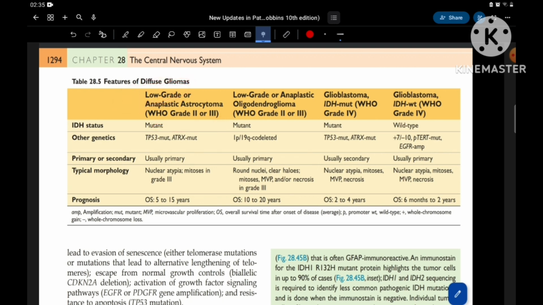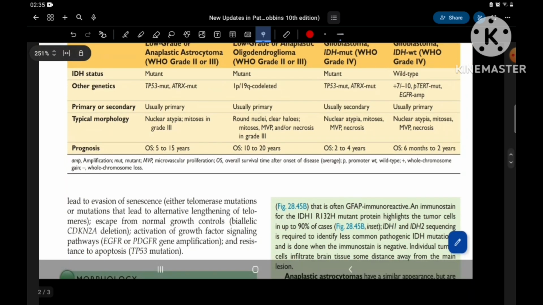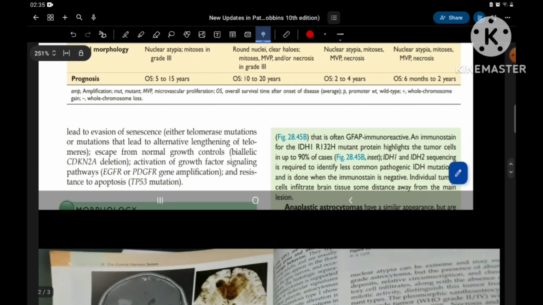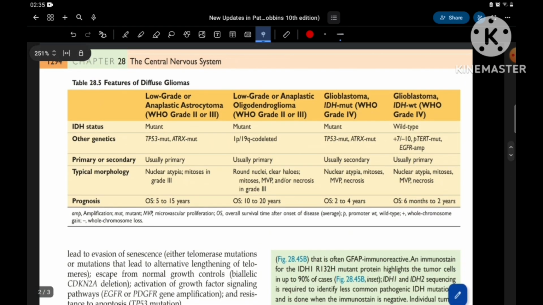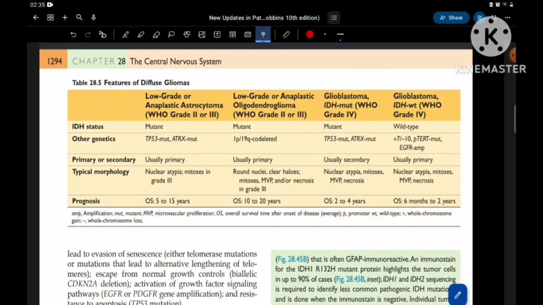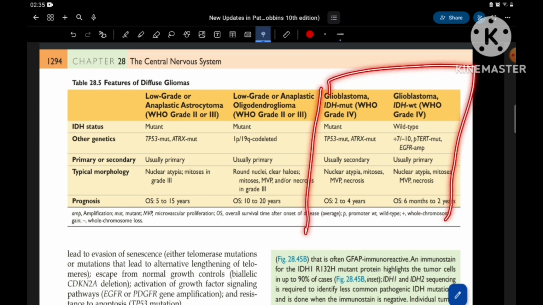Second, you can see that anaplastic oligodendroglioma is also described as low grade. But in the previous edition, there is no classification. Glioblastoma is described as a single disease. But here, in the 10th edition, they have given 2 sub-classifications of glioblastoma. This is one important update which we have to know.